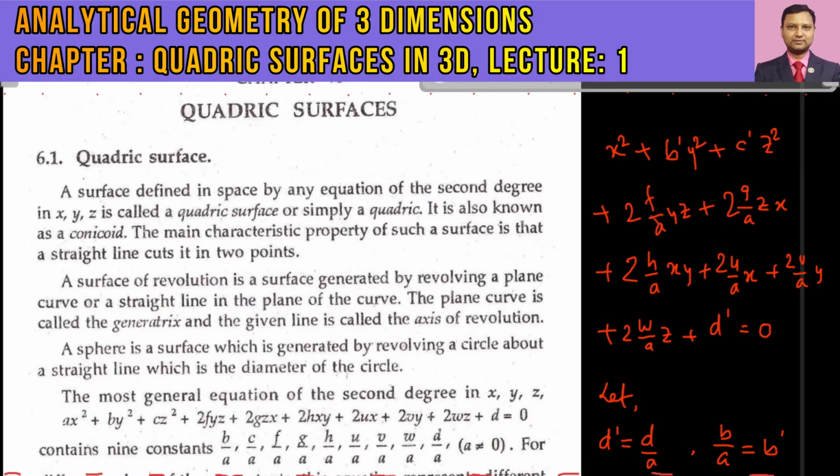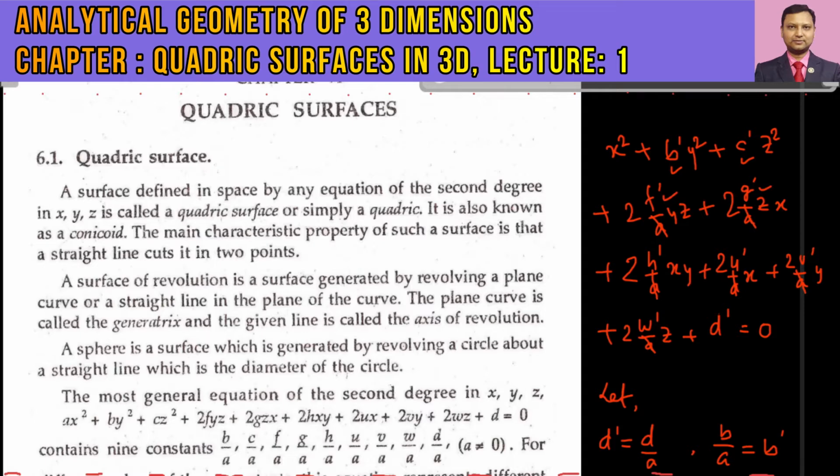So we can write a prime, g prime, and h prime in place of these ratios. In place of u by a, we write u prime; in place of v by a, v prime; in place of w by a, w prime, and so on. So what you observe is that we have these unknown coefficients b prime, c prime, f prime, g prime, and so on.